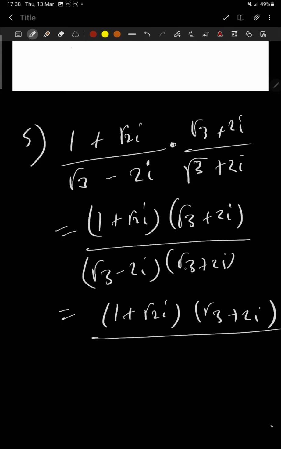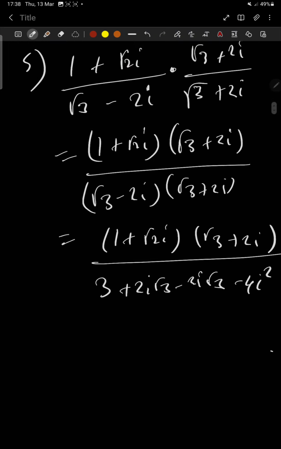So the denominator will be 3 plus 2i square root of 3 minus 2i square root of 3. Then 2 and 2 will be minus 4i squared.